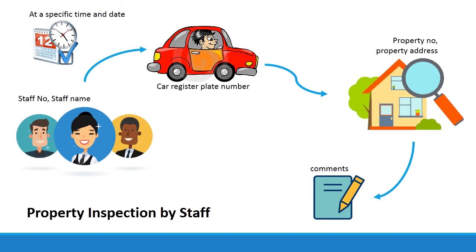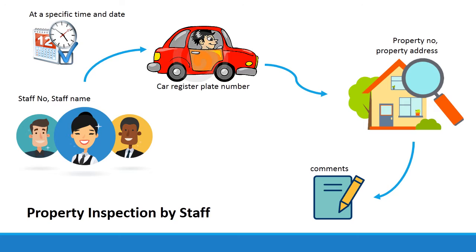As an example, this is a business process about property inspections by staff. So this is the staff. The staff has a staff number and staff name. At a specific time and date, they are assigned to use a specific car, using a registered plate number, to go to the property to do the inspection.